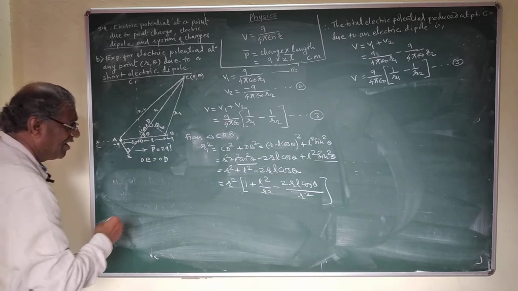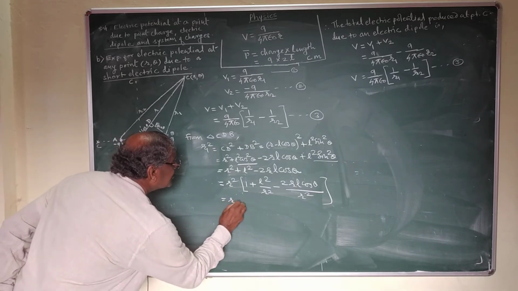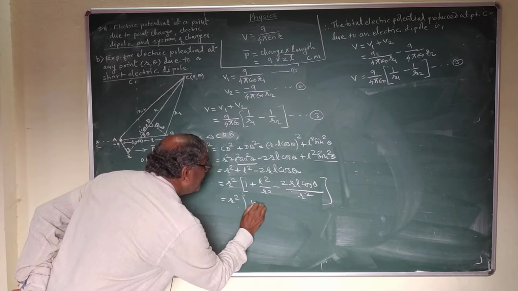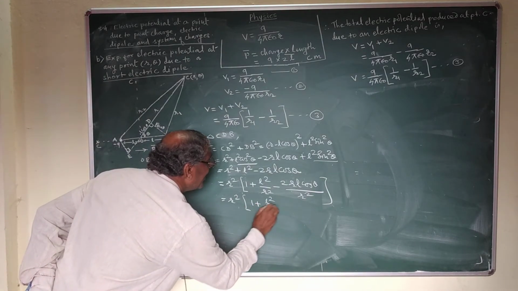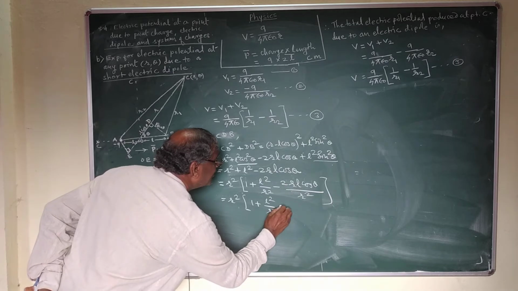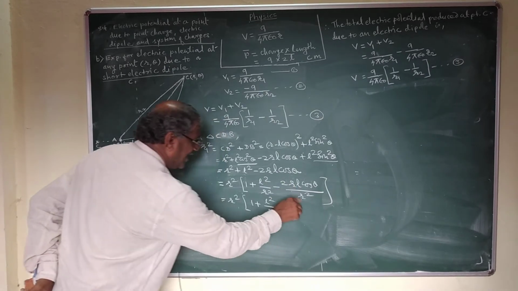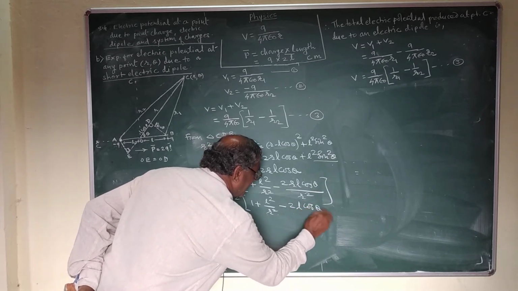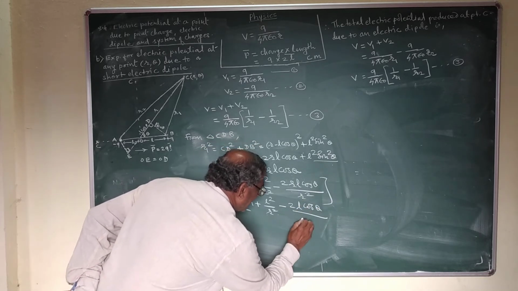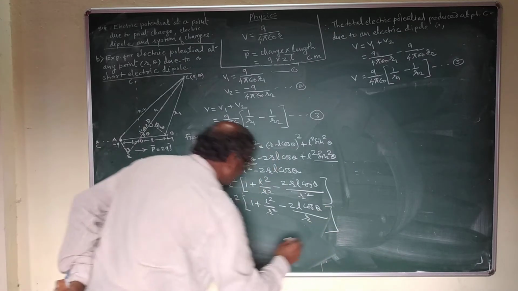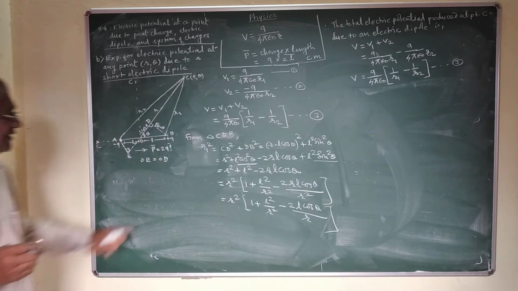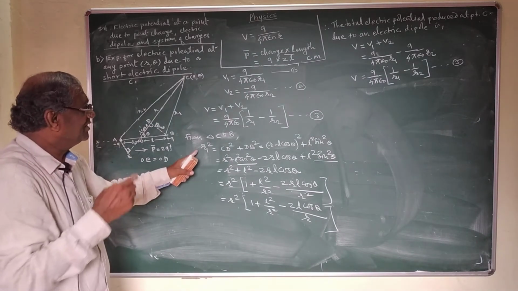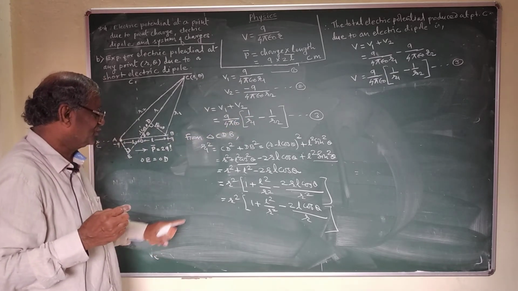This is the term, or R1 square is equal to R square into (1 plus L square upon R square minus 2L cos theta upon R), the R cancelling. This is the value of R1 square, but we want 1 upon R1.